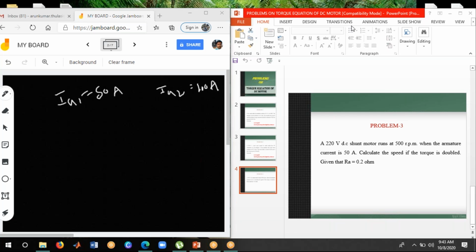Now what we need to find, calculate the speed if the torque is doubled. So we need to find that speed. For this speed we have the relation N2 divided by N1 equals EB2 divided by EB1.